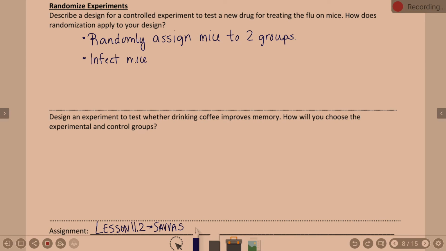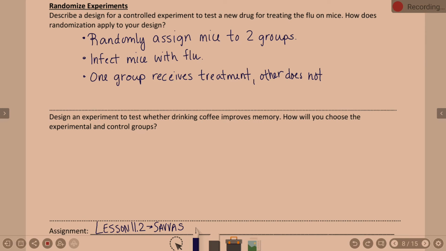So infect all the mice with the flu. And then one group receives treatment, the other does not, right? One group receives treatment, the other does not.